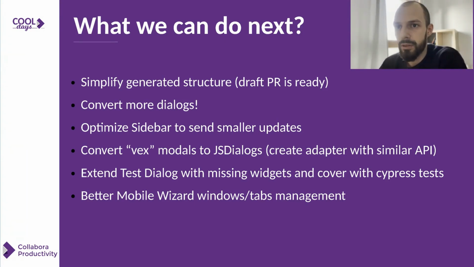We can of course convert more dialogues because not all of them are currently converted, and also I see that we can do some smaller optimizations here and there. Also, it will be nice to reuse JSDialogs for all other components we already have in the code, because it will be easier to maintain.